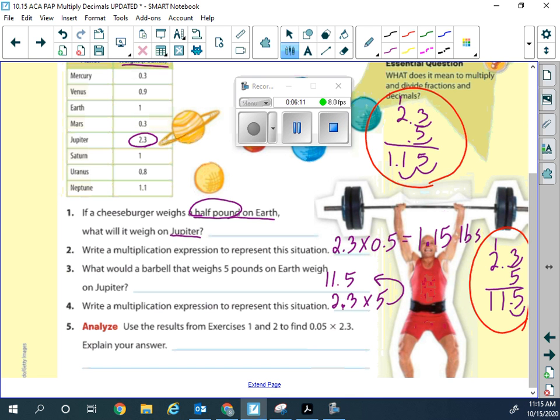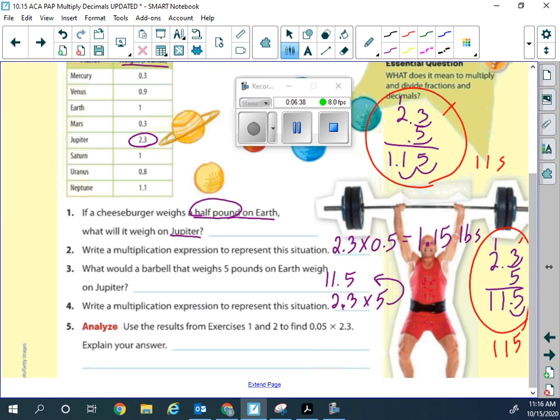What do you guys see that's the same about them? Yeah, we both have 2.3. What else is the same about them? Exactly. So you can see we have 1, 1, 5, 1, 1, 5 on both of them. So now what's different about them, everybody? Where the decimal is. That's exactly right.